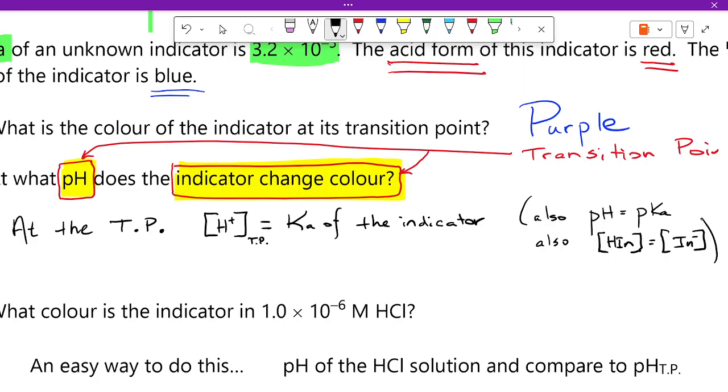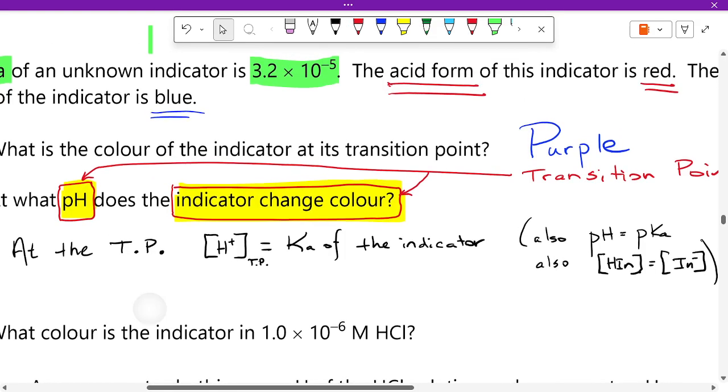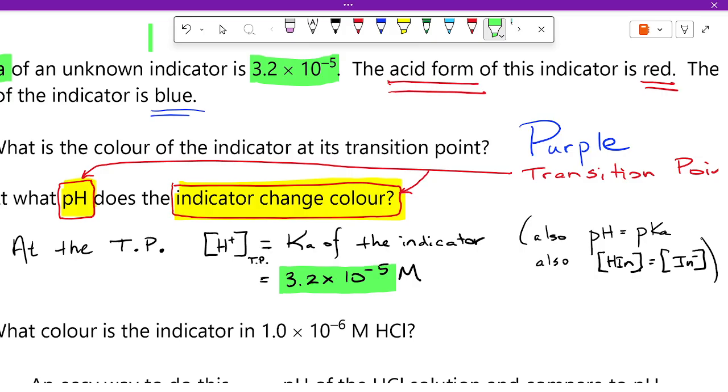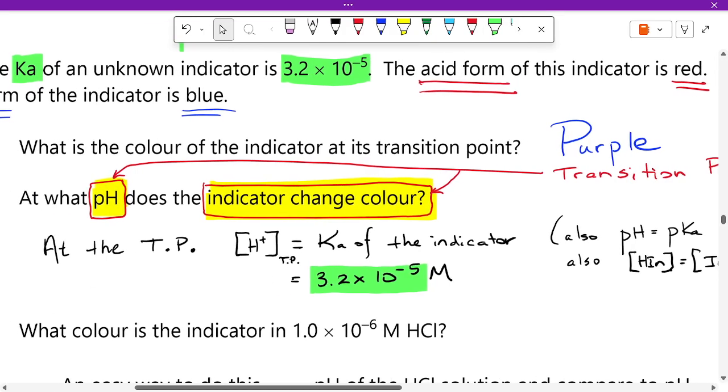Now that you got that, you should be able to do the calculation because you know the Ka of the indicator. There's our Ka.